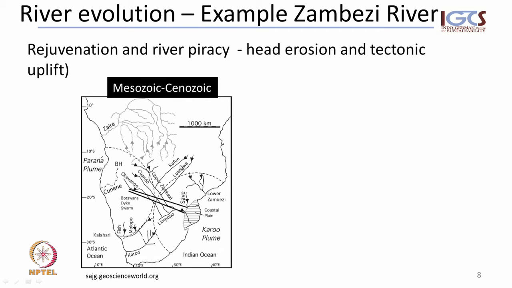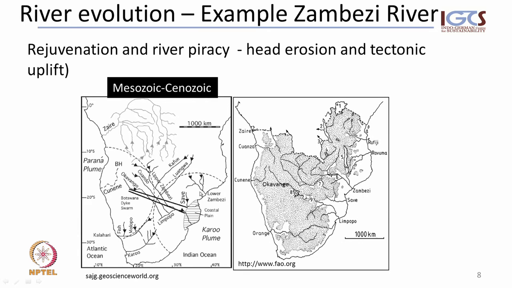When was that? This was during Mesozoic and Cenozoic times, and then major tectonic events took place, which reversed flows and captured major parts of the Okavango River and channeled them into today's Zambezi River.